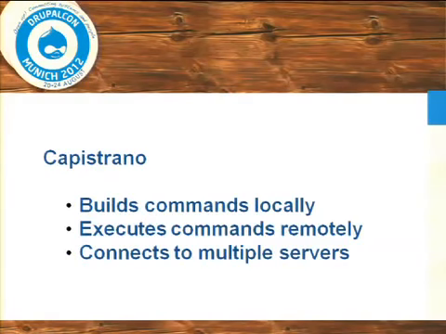What Capistrano does is build a set of commands locally, from where you initiate the deployment, and then SSHs in to each remote server. You may only have one, or you may even deploy to your local machine, but it will still SSH in locally and execute whatever commands you have queued up in a task.